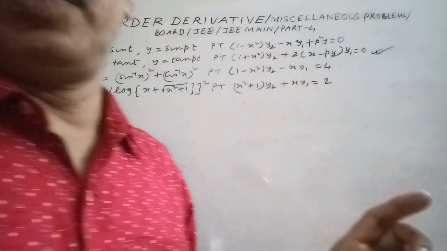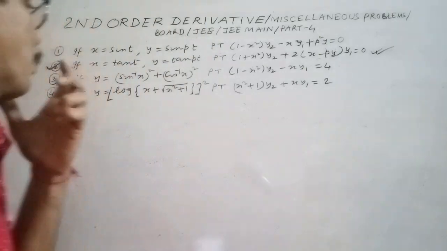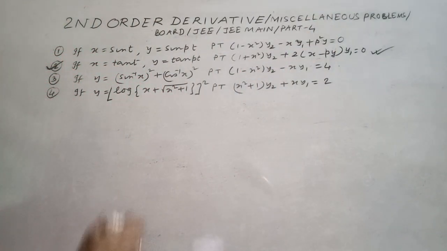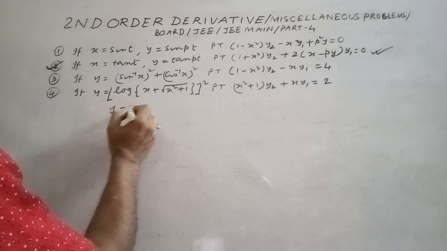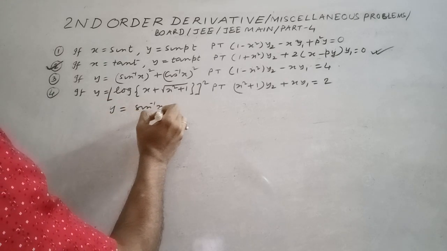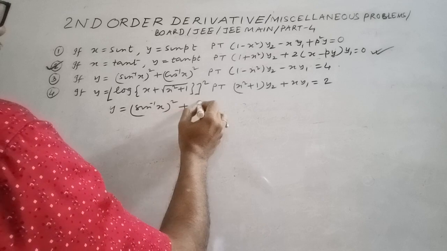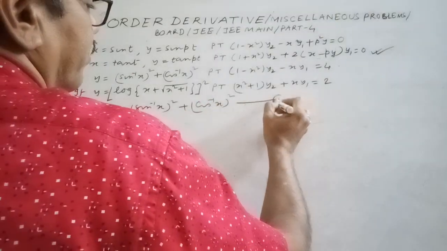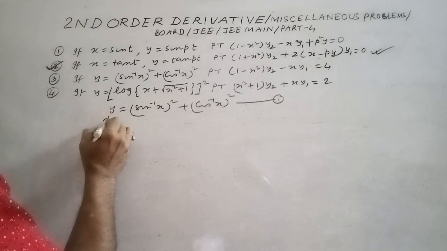It is of MCQ type. So y equals (sin inverse x) whole square plus (cos inverse x) whole square. Now what is dy/dx?